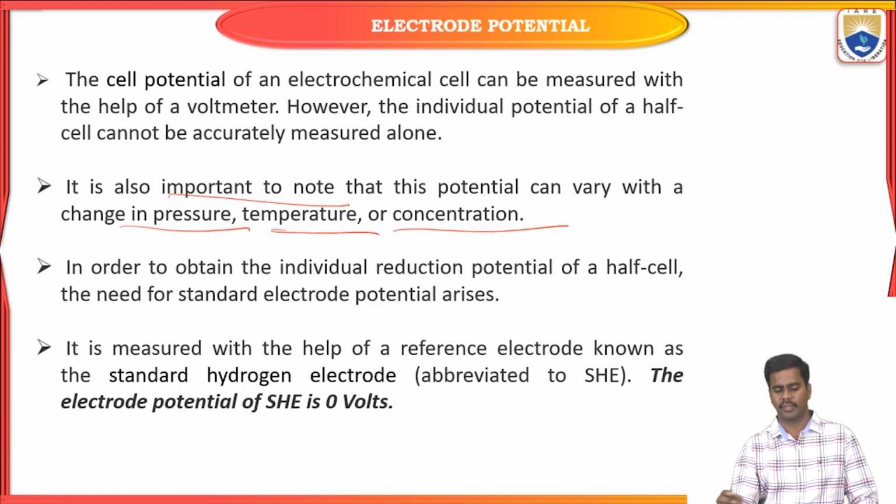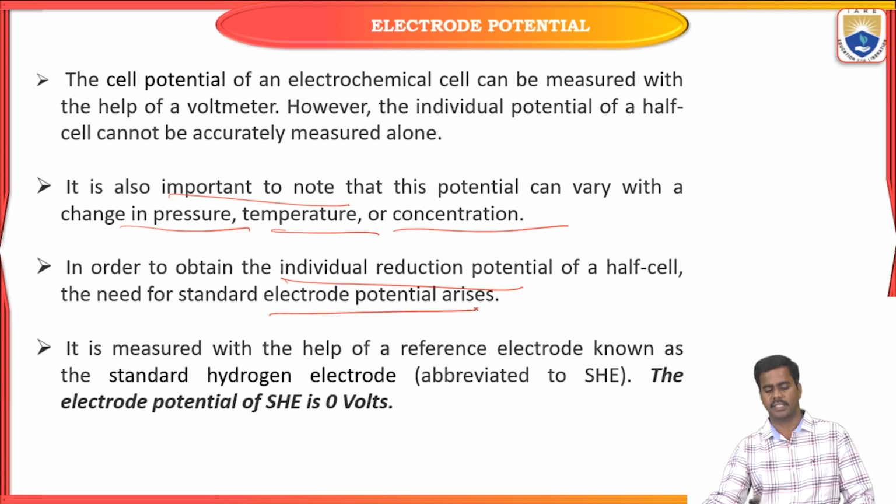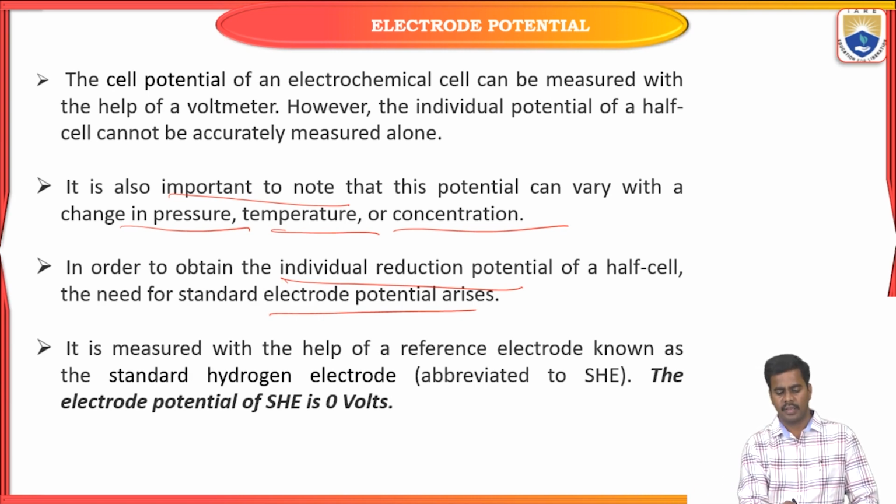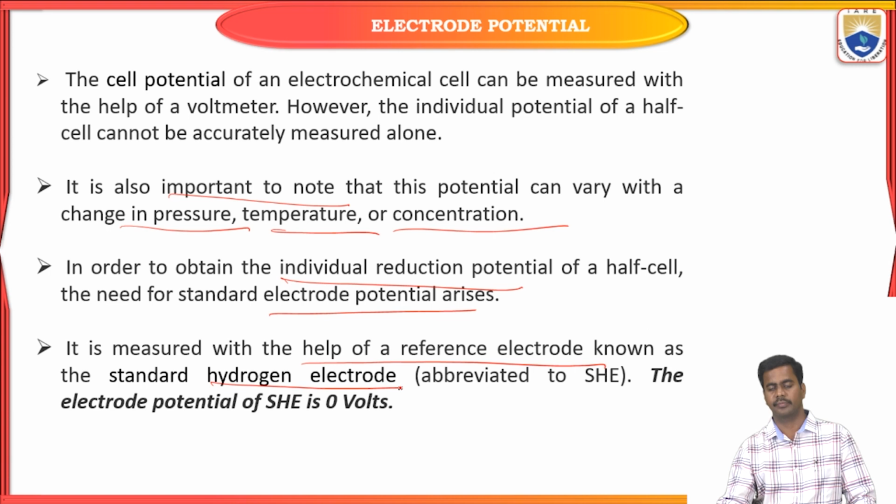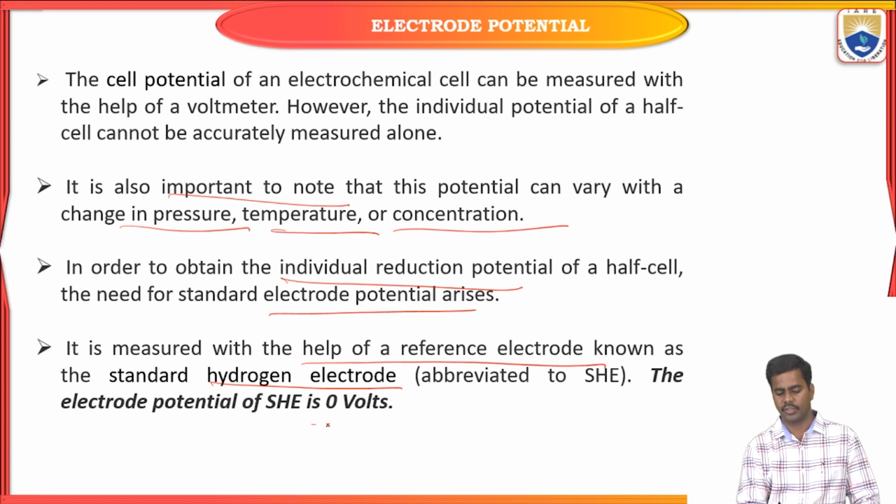In order to get the individual reduction potentials of a half cell, the standard electrode potential is needed. It is measured with the help of a reference electrode known as the standard hydrogen electrode. The potential of the standard hydrogen electrode is 0 volts.